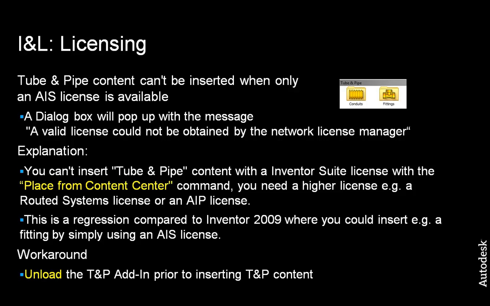The workaround that we know of is not a very nice one, but it is a workaround. If you want to use this scenario on a regular basis, please unload the TubePipe add-in prior to inserting TubePipe content with the place from content center command.